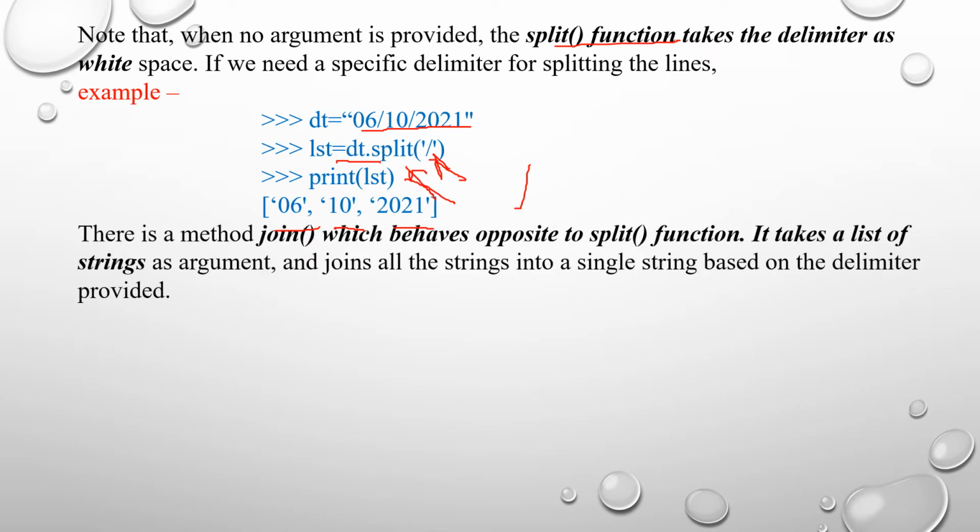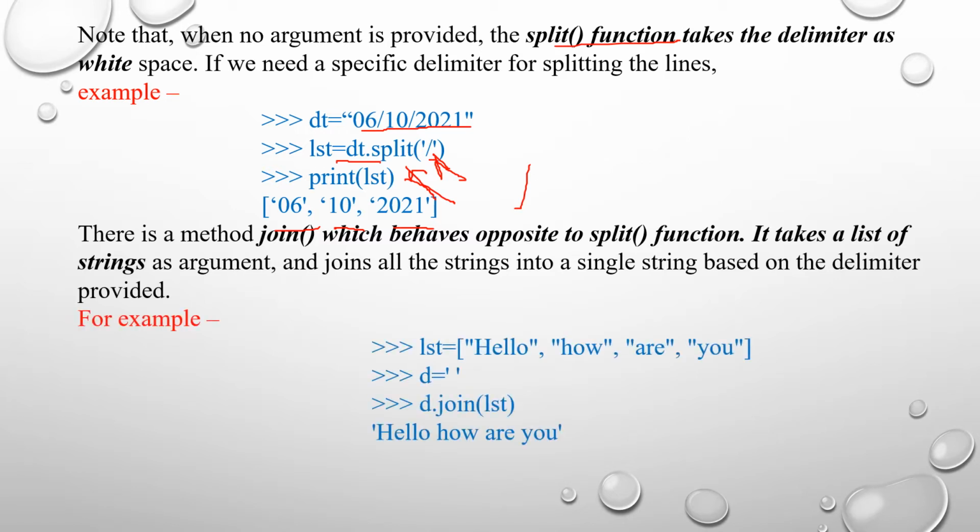There is a method join which behaves opposite to the split function. It takes a list of strings as an argument and joins all the strings into a single string based on the delimiter provided. For example, list is equal to hello, how, are, you, enclosed with square brackets, each word separated by commas and enclosed with quotes. After that I am calling the join function, passing the parameter list.